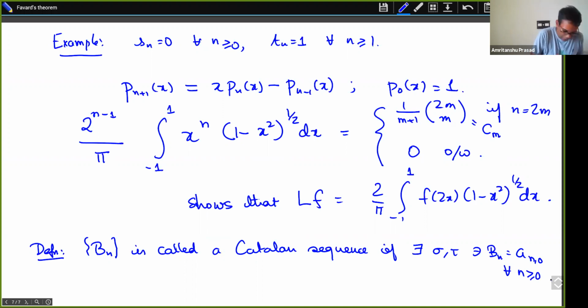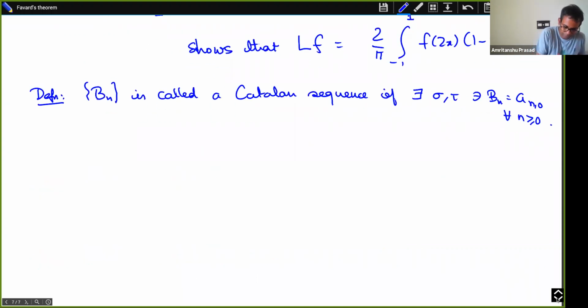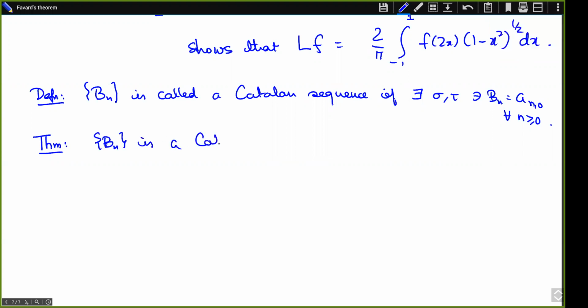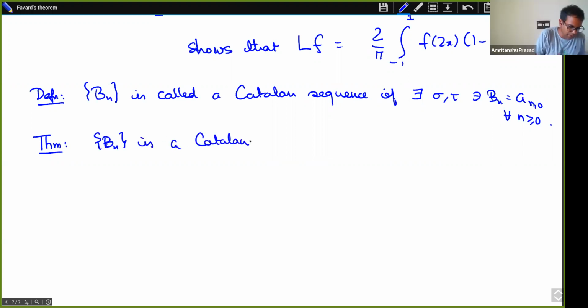So that's a Catalan sequence, and the theorem is that this condition is surprisingly an open condition. It's an open dense set.